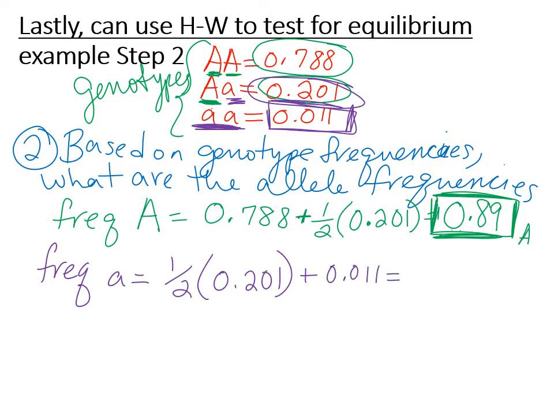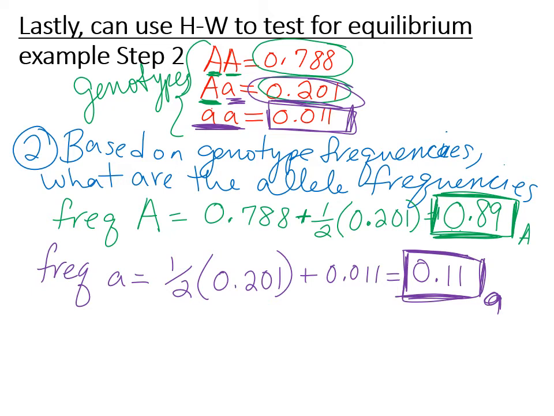Okay, and that should give you 0.11. Now, you also could have simply done, once you have the first number, which in this case was 0.89, 1 minus 0.89, because like we mentioned earlier, you have to have the frequency of both of your alleles equal to 100.